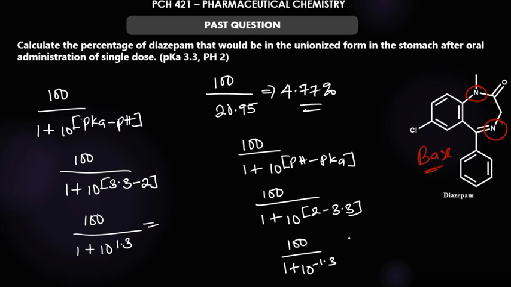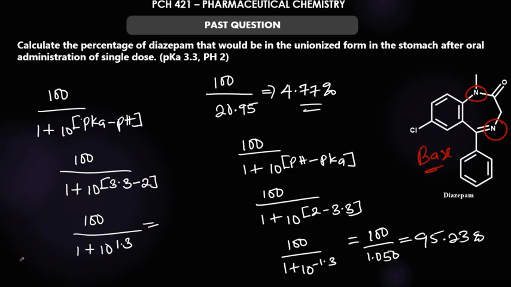So this gives us 100 divided by 1.050, which is about 95.23%.